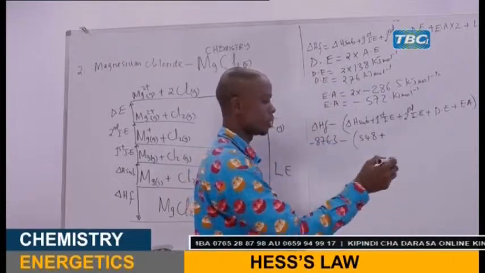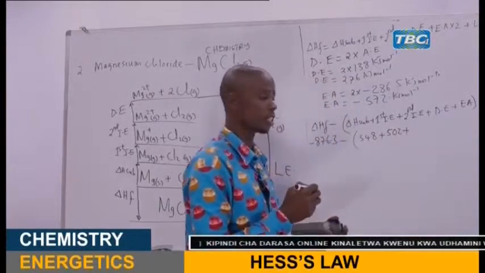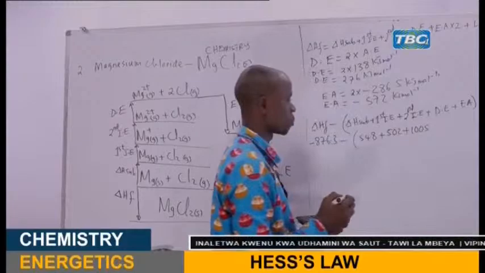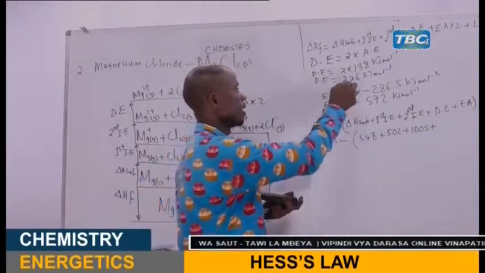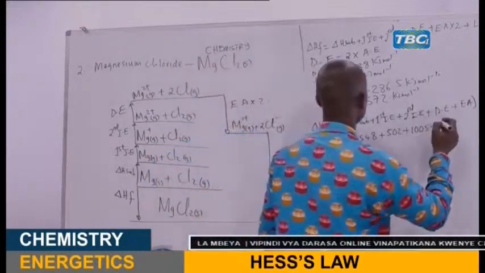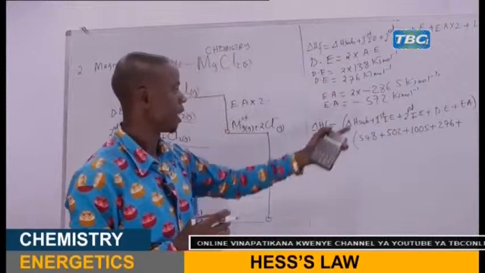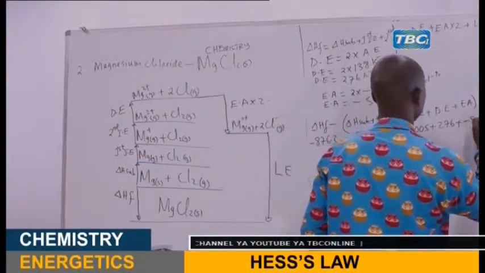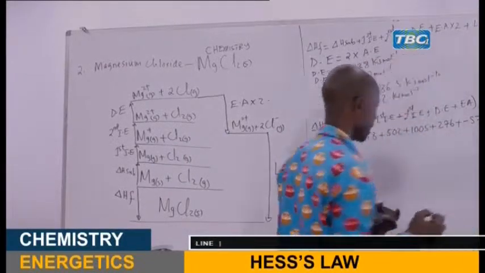First ionization energy 502 plus second ionization energy 1005 kilojoules per mole plus dissociation energy you have already calculated here, it is 276, plus electron affinity you have already also calculated here is negative 572 kilojoules per mole, is equal to lattice energy.